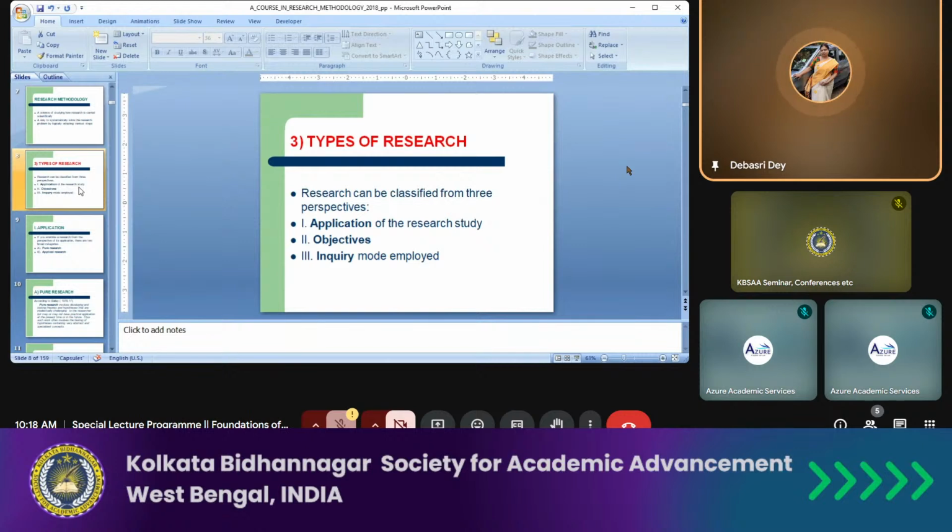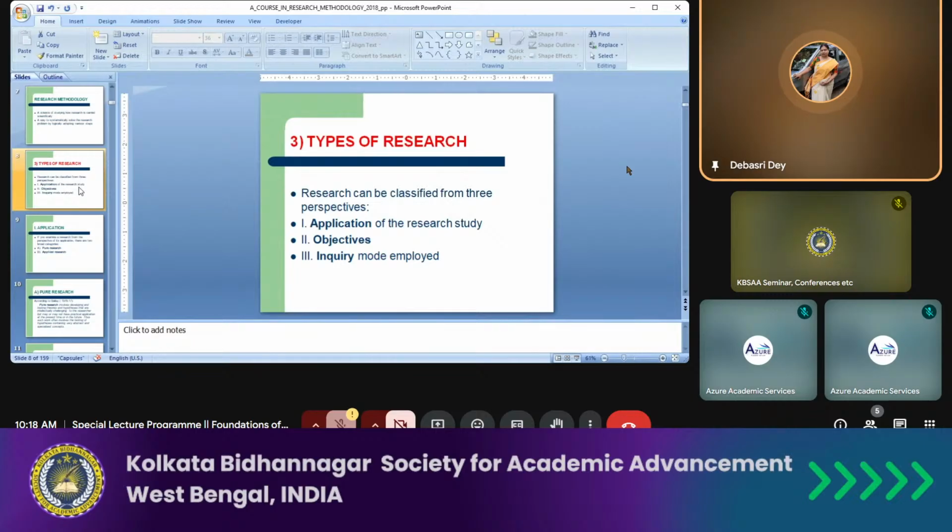Based on my previous words, the research is not only classified based on the methodology itself, it is based on some perspectives too. The methodology gives you the ideas of this perspective: what are the applications of your research, what is the objective of your research, and what inquiry mode you apply for your research too.